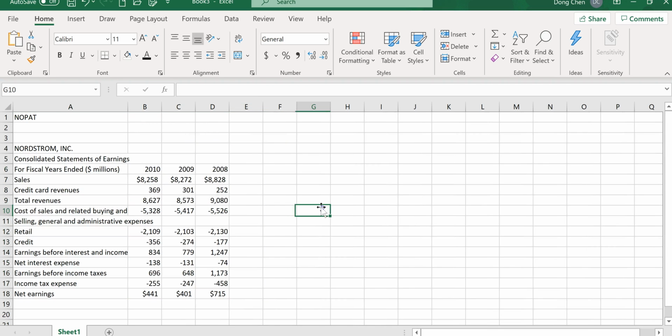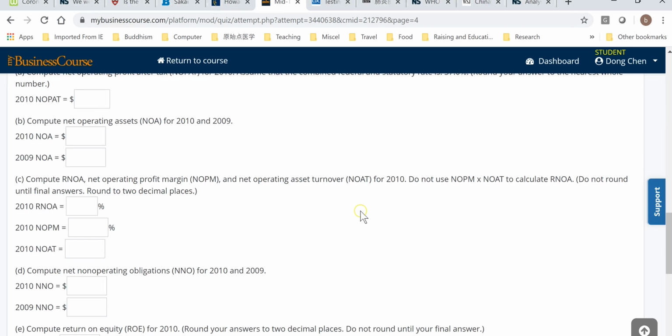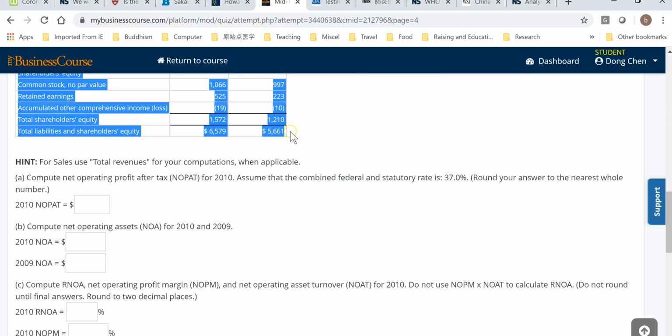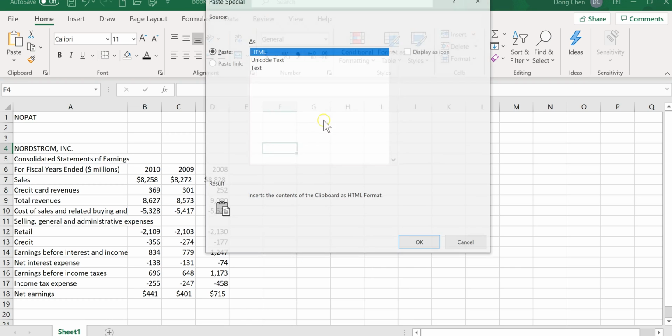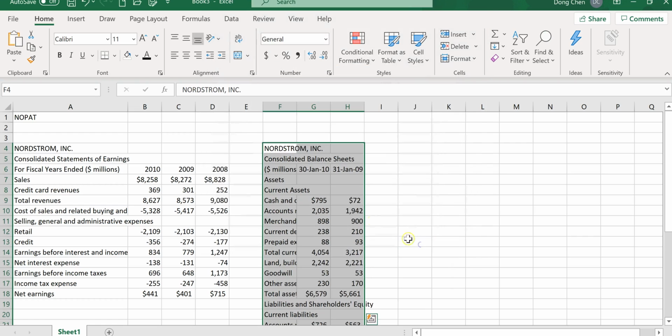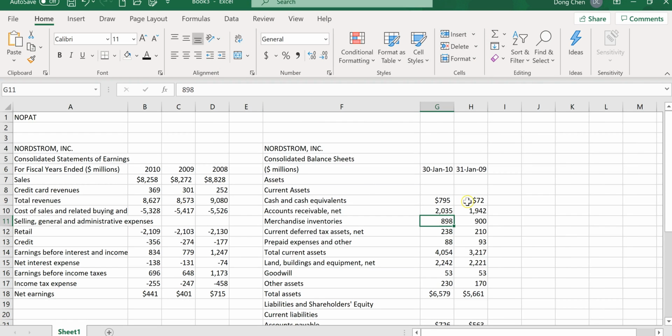This is our income statement for 3 years, and then we also copy the balance sheet. Similarly, we can copy that here. So let me highlight the item we need.